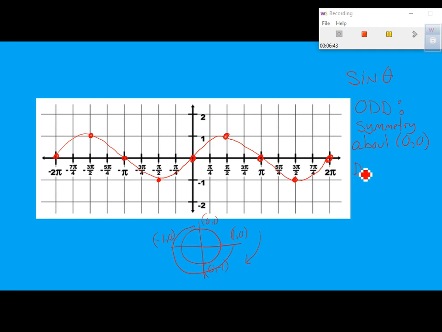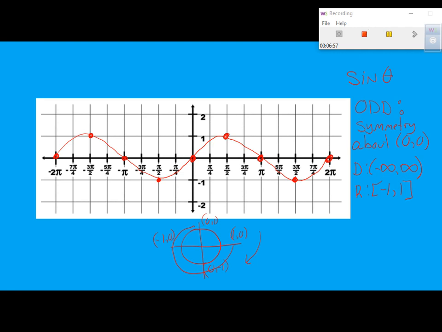The domain of the sine function is negative infinity to infinity, meaning it's continuous. I can draw this forever without picking up my pencil. The range is negative 1 to 1. Notice I put those in brackets because we have values of 1 and negative 1.